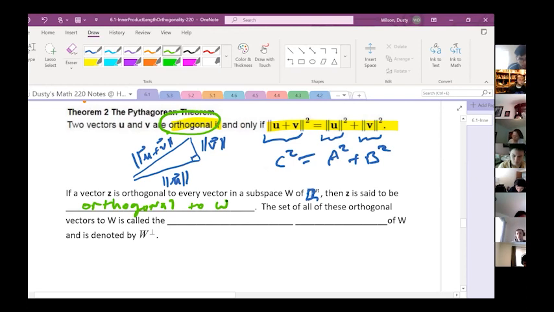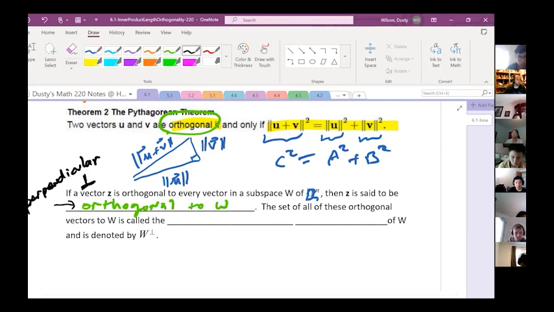Have you guys used the word orthogonal somewhere else? Is that a familiar word to everybody? I think so. Orthogonal is code for perpendicular. Yeah, it was used in Calc 3, probably from physics and other places.